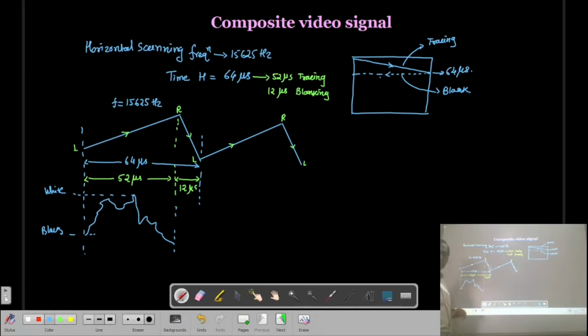Correct? So during this time period of 52 microseconds, you have the video information. But then for the 12 microseconds, there is no information, the electron beam is blanked out. So whatever the pulse is added here, it is known as a horizontal blanking pulse.